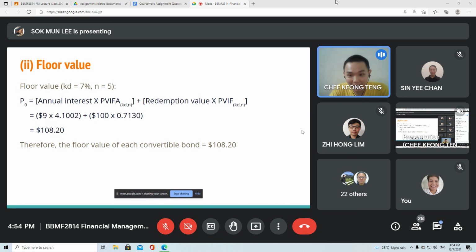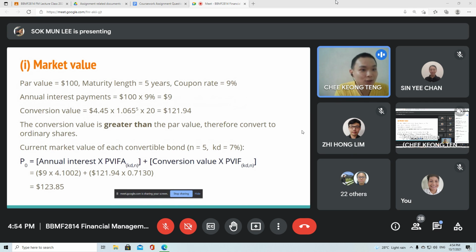So the previous slide, if you don't mind, can you show the previous slide? Yeah, this one, thank you. So you can see the conversion value, we will be based on the conversion value to calculate the present value. Because we know that at the end, when you have two choices, either 100 or 122 if you convert to shares, we will select the 122.